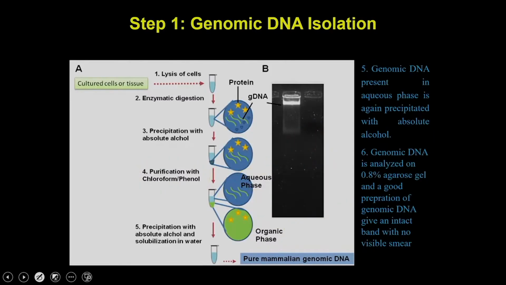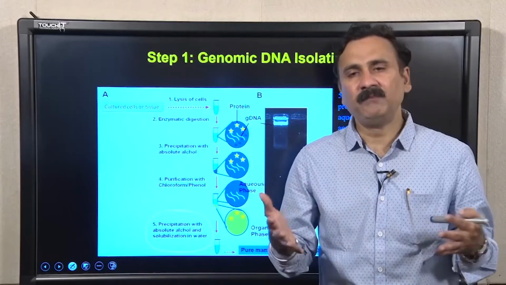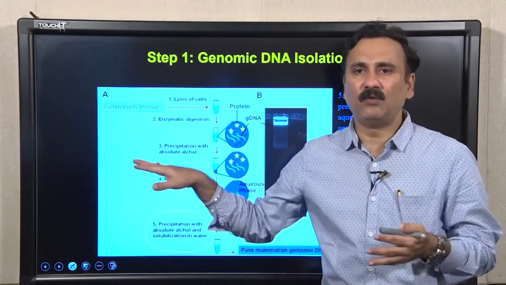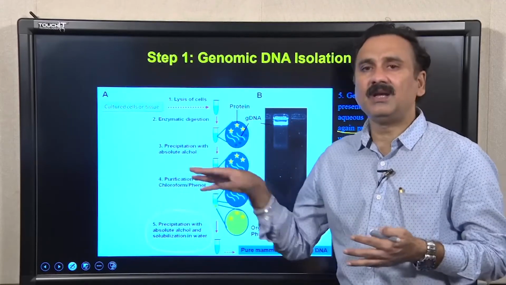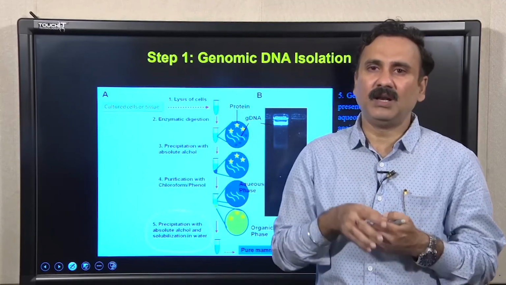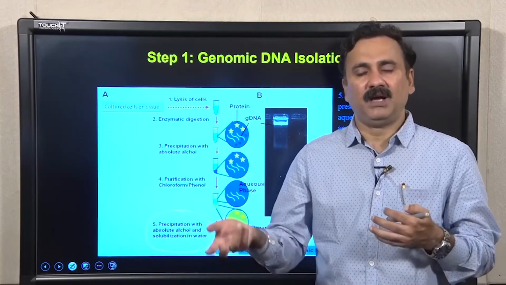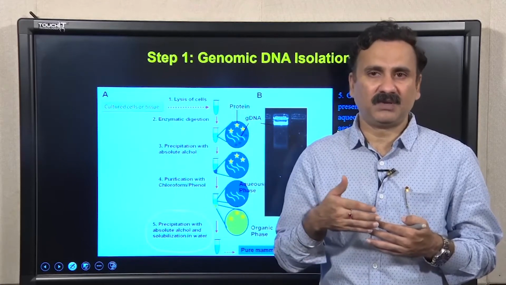Then in the third step, you are going to precipitate the DNA present in the aqueous phase with the help of absolute alcohol. At this stage, if you are interested in making the genomic DNA purification even more pure, you can wash this precipitated DNA with 70% alcohol, followed again by precipitation with 100% alcohol.